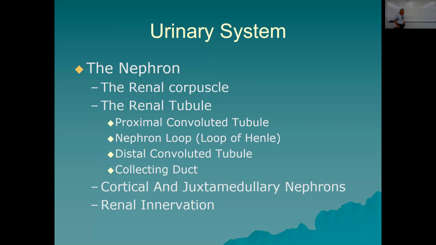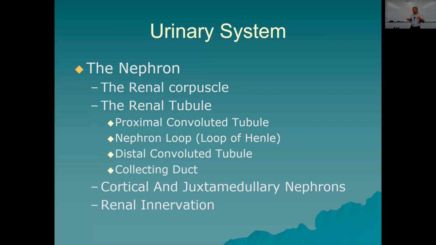Okay, so we're going to get into the functional unit of the urinary system in kidneys, called the nephron. And you look at the renal corpuscle, where filtration occurs, because remember, first, before we make urine, we make a filtrate of the blood in the renal corpuscle.